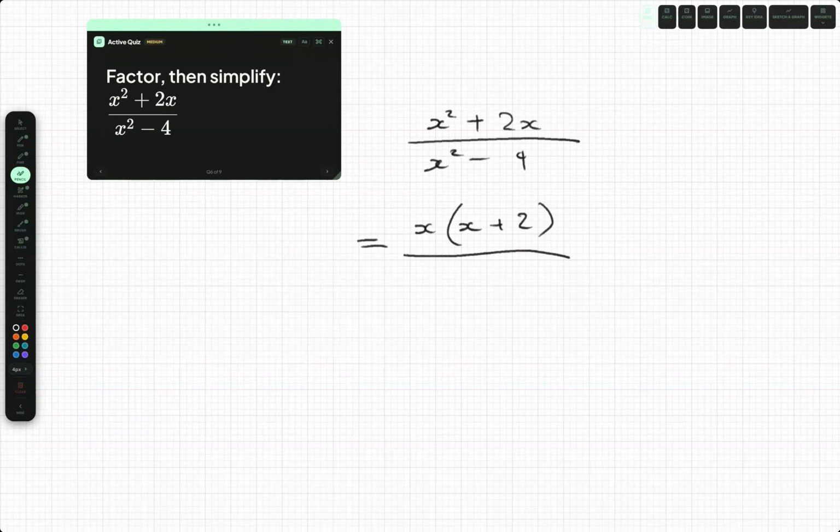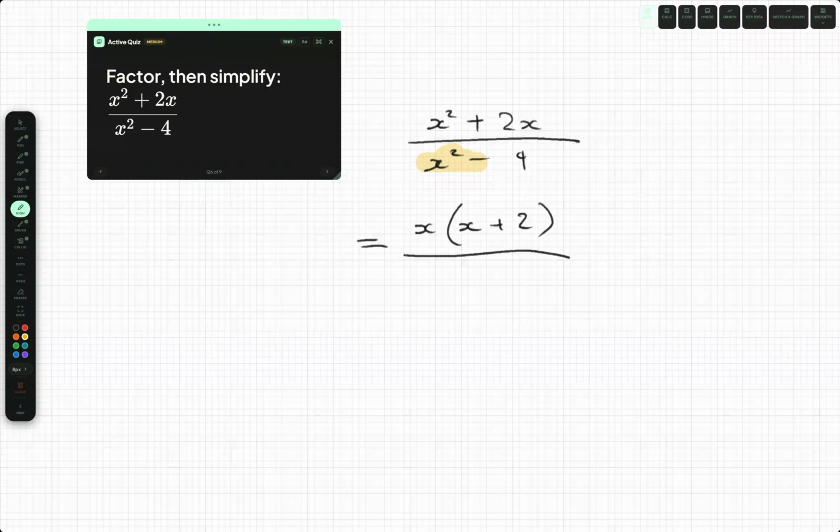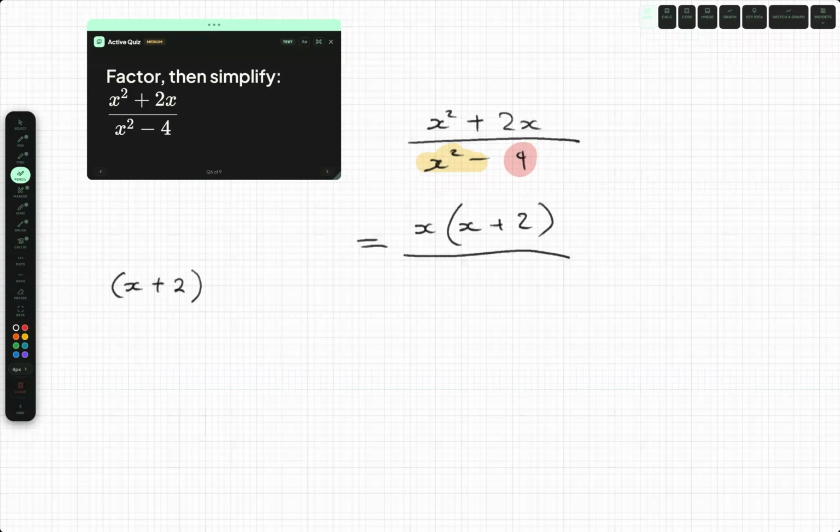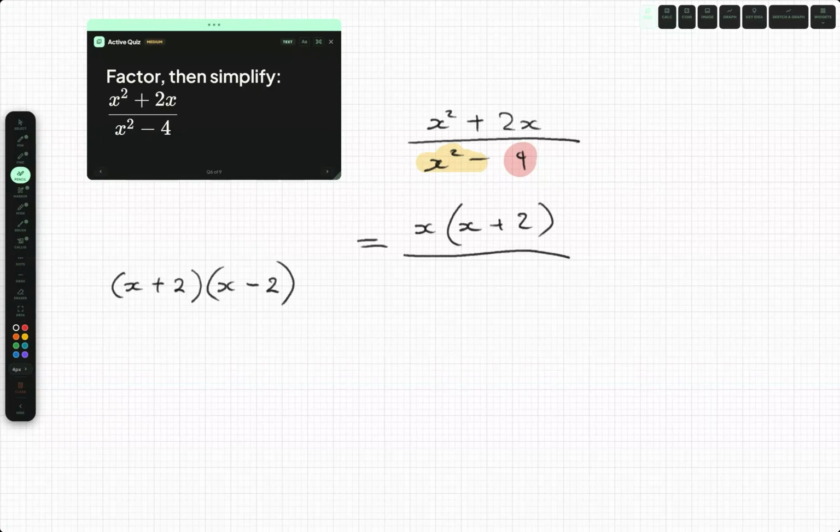Now, if you remember, when we have something like this, where we have one number squared minus another number squared, it's called difference of squares. And difference of squares always ends up being our first term's square root plus the second term's square root, times the first term's square root minus the second term's square root, every time.